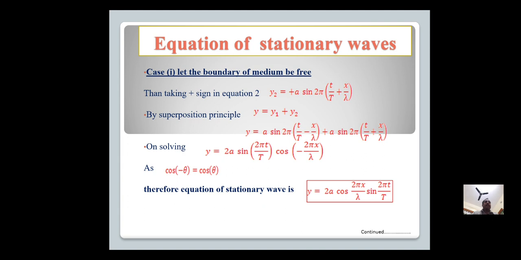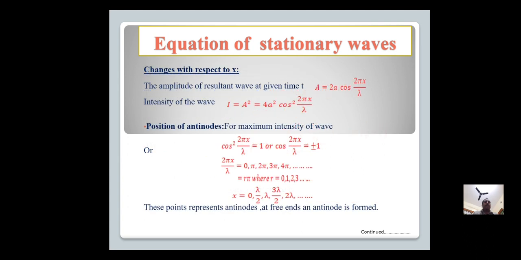Let us discuss the equation for the change in position and change in time. For the change in position, we take the amplitude as 2a cos 2 pi x upon lambda. The intensity, as the square of the amplitude, is given by 4a square cos square 2 pi x upon lambda.